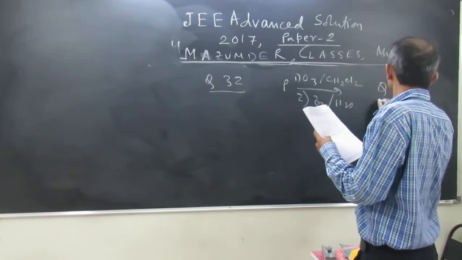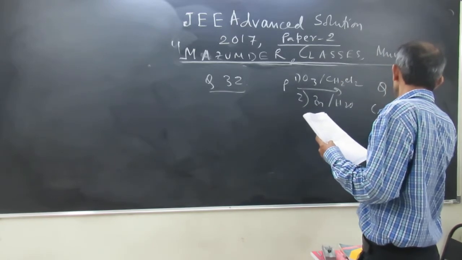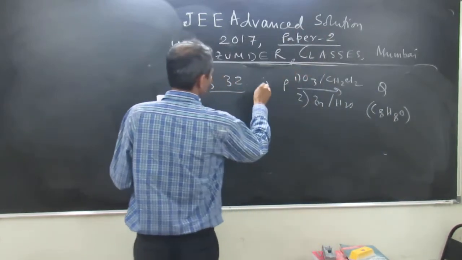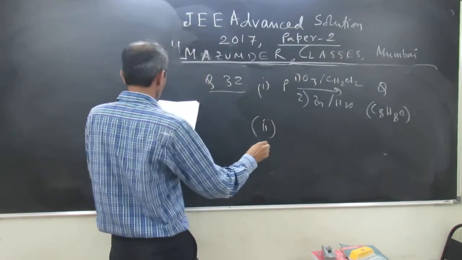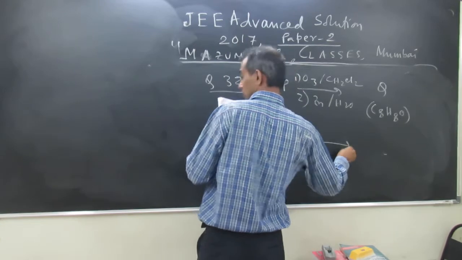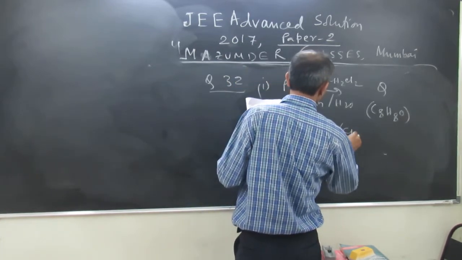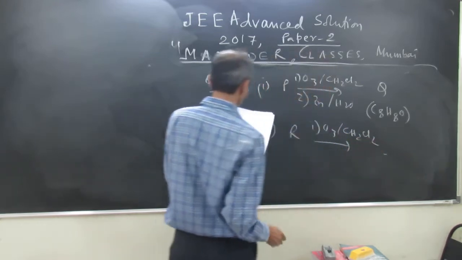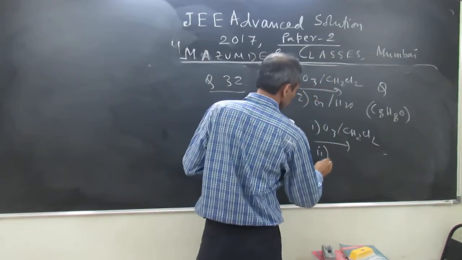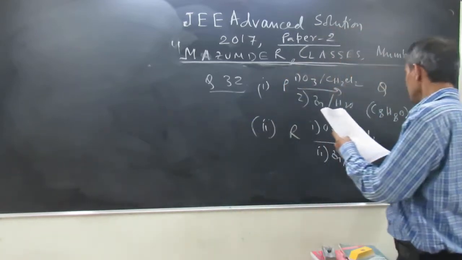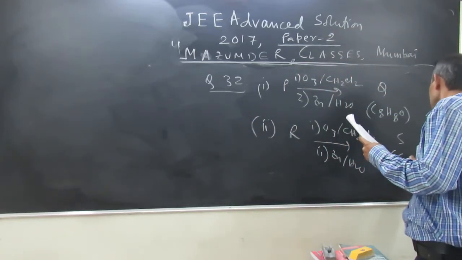So it is giving Q, the formula is C8H8O, remember carefully. And R, with number 1 O3, CH2Cl2, and number 2 zinc, water, gives S, and this is also C8H8O.